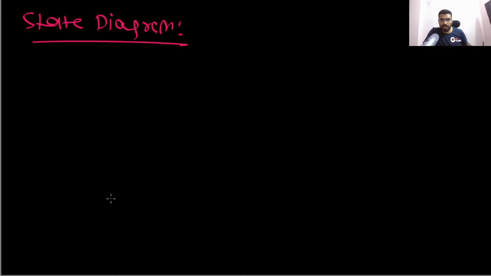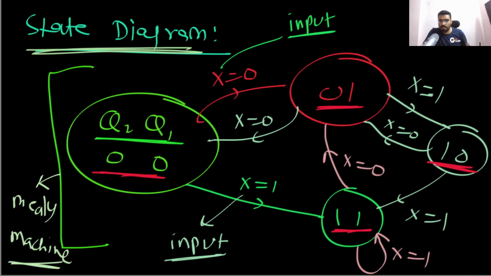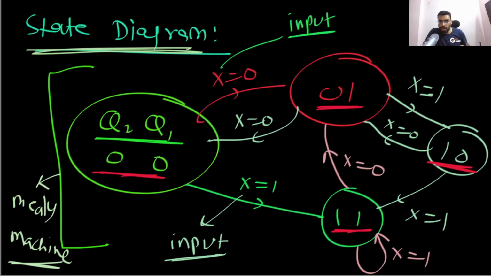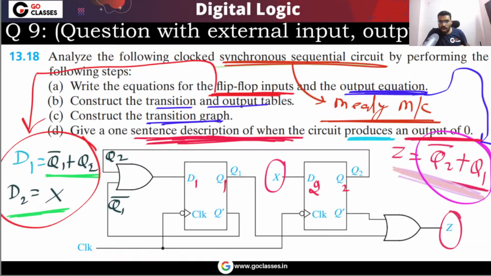Remember your state diagram, from the state diagram you can see. The question is: give a one sentence description of when the circuit produces an output 0. In which situation will the output be 0?